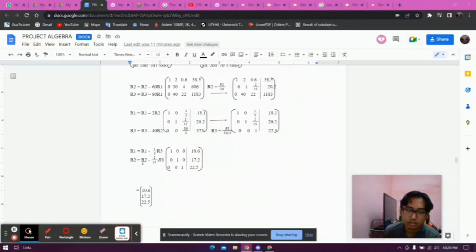Row 2 minus 2/15 times row 3, so we get zero. So the final answer we got is 10.6, 17.2 and 22.5. That's all from me.